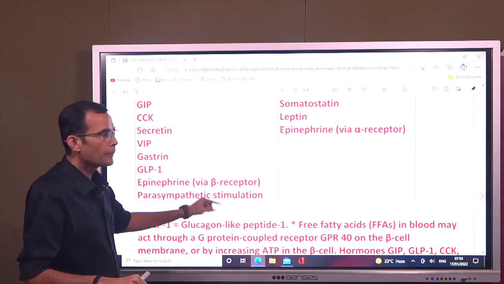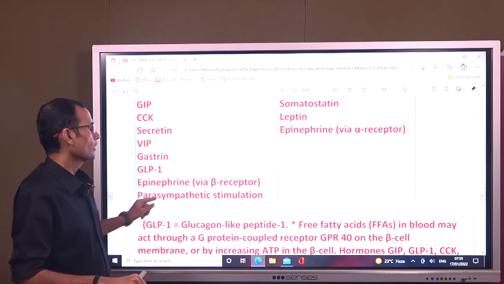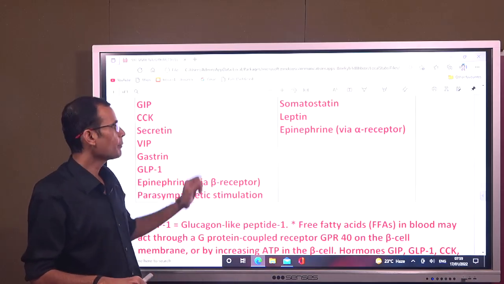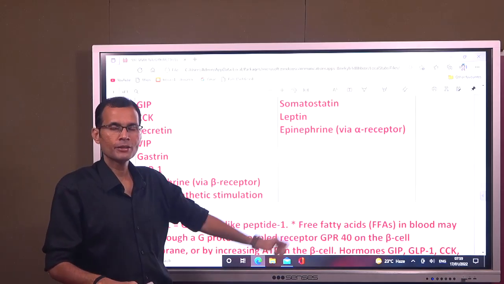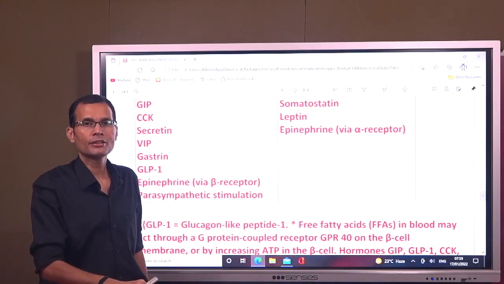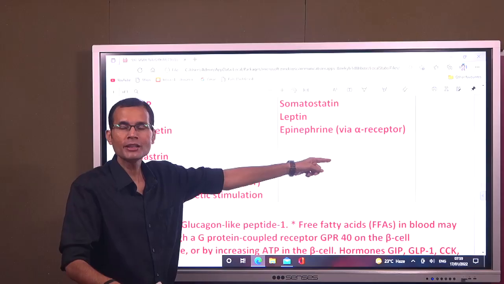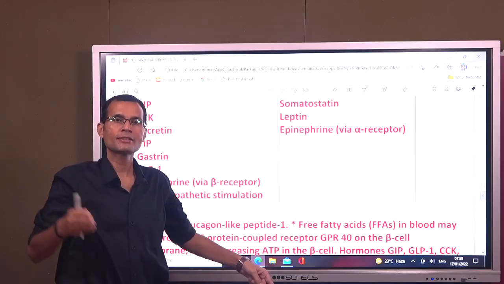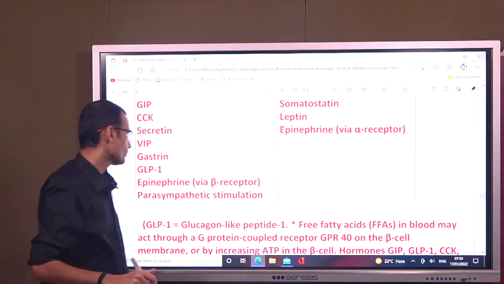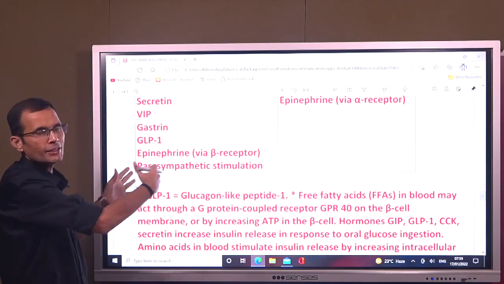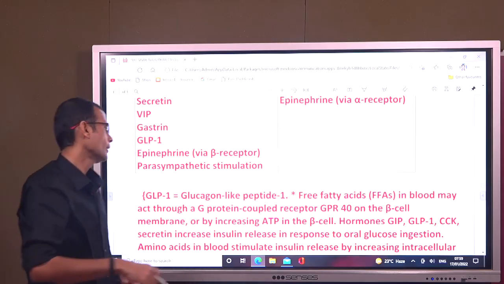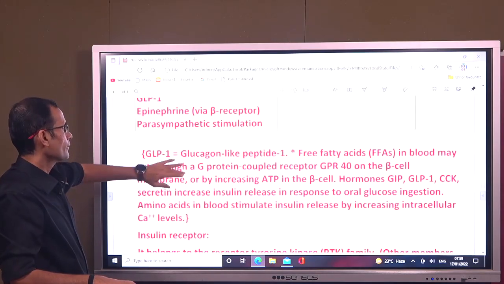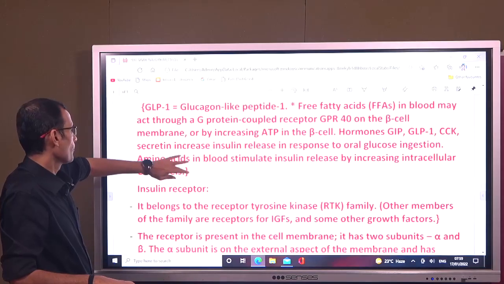Epinephrine acting via beta receptor stimulates the insulin secretion, and epinephrine acting via alpha receptor suppresses the insulin secretion, because then you will need glycogenolysis and increase the blood glucose. So, just see the dual effect of epinephrine via beta and alpha receptors, and parasympathetic stimulation as well.